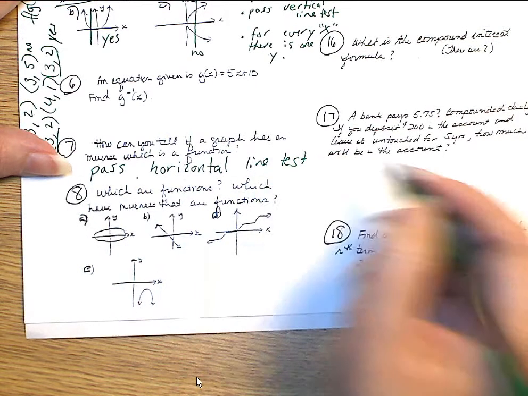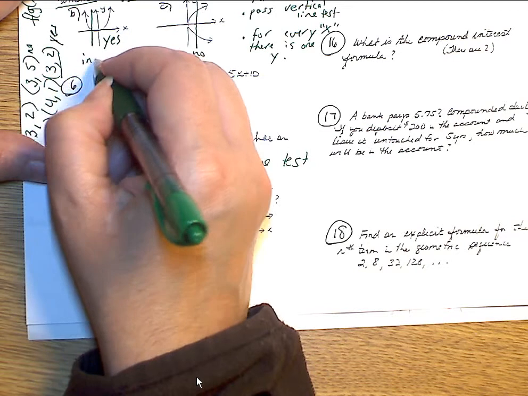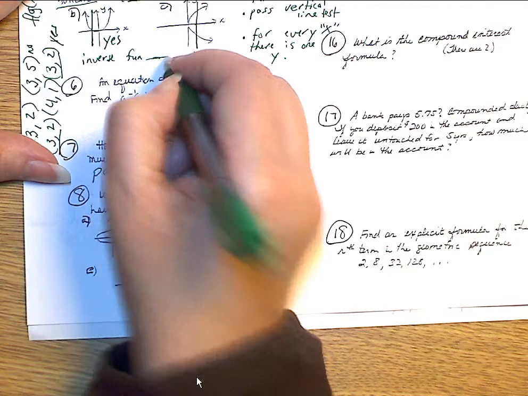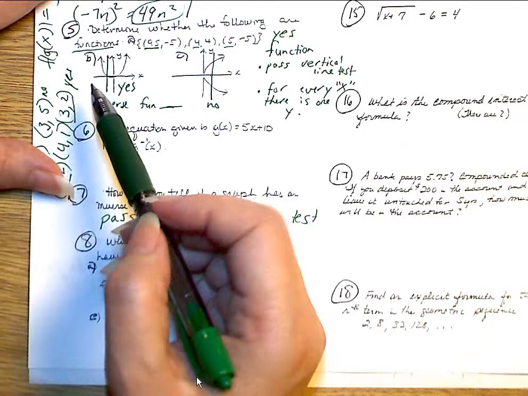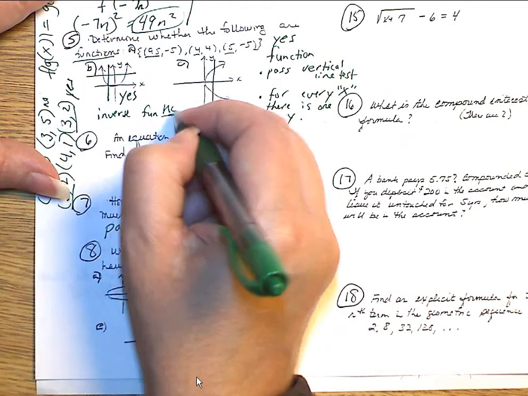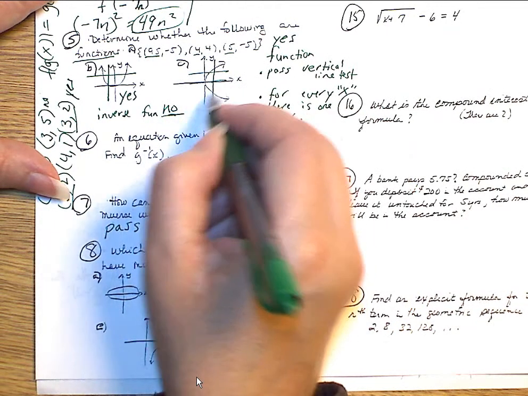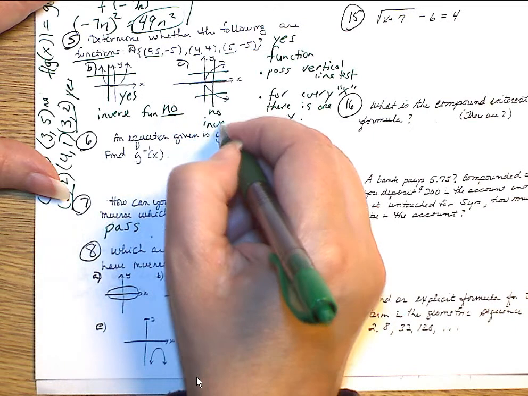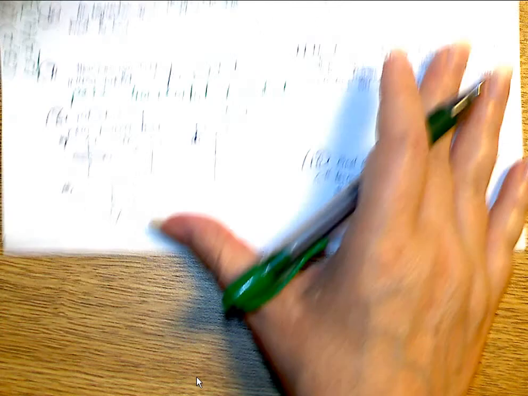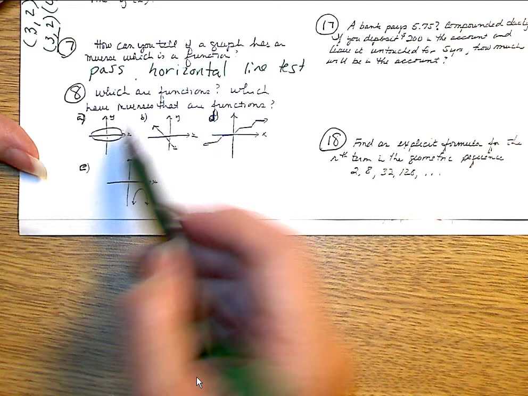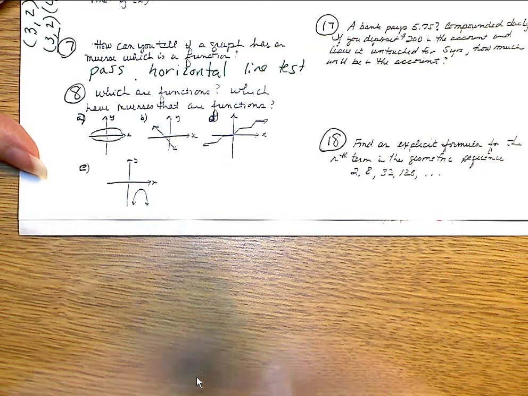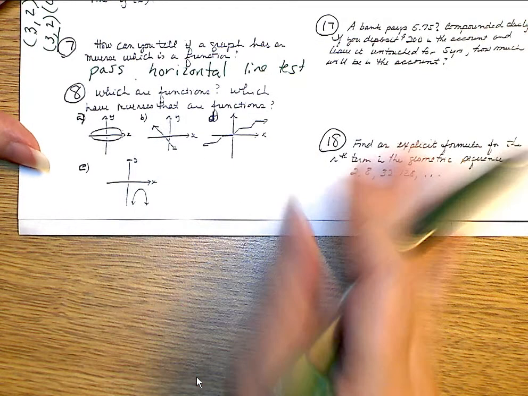So my question to you is, is the inverse of this one a function? No. Is the inverse of this one a function? Yes. So that exact same thing that we just got done doing, you will do over the weekend, or when I give you time at the end. Number 8 is just like that.